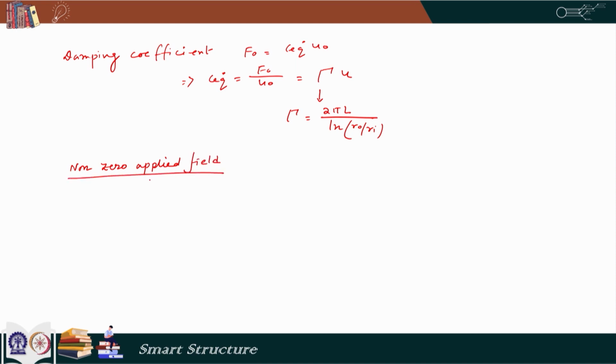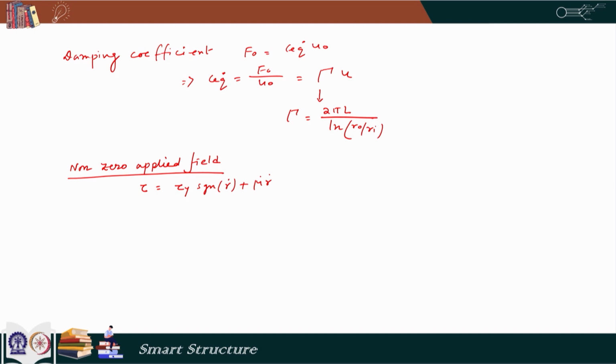Now, in the non-zero applied field, the fluid constitutive relation is tau_I into the sign of gamma dot, plus mu into gamma dot.